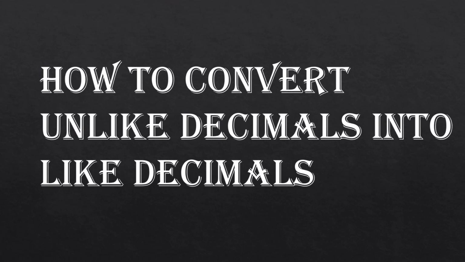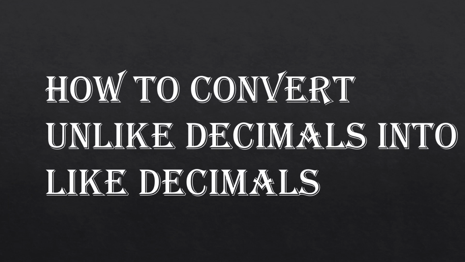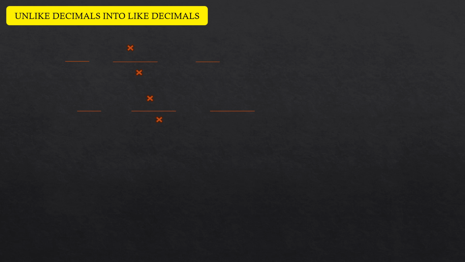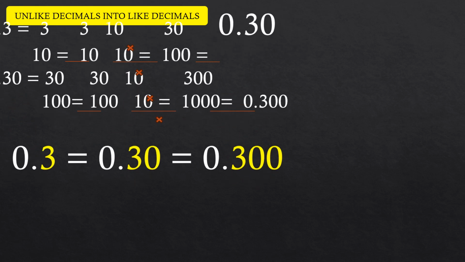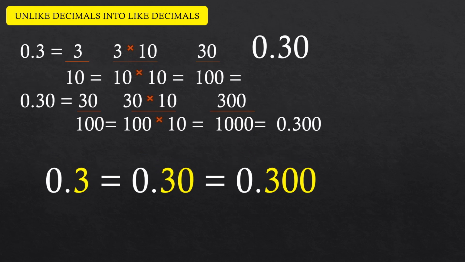Now let's learn a new topic, that is how to convert unlike decimals into like decimals. Now we will learn how we can convert unlike into like decimals. First of all, here you have seen, I have shared the whole screen. 0.3 is equal to 3 upon 10, like I told you in the place value chart, right?